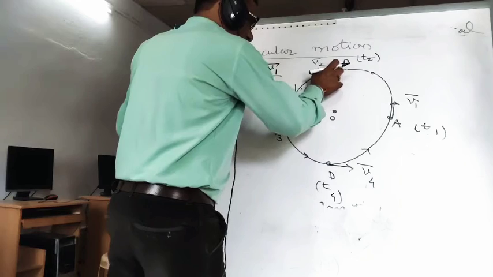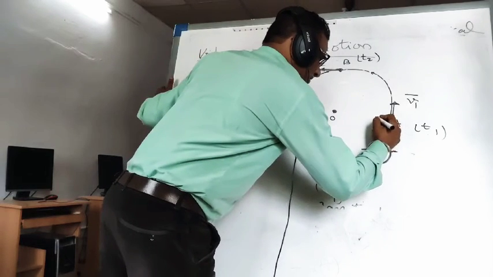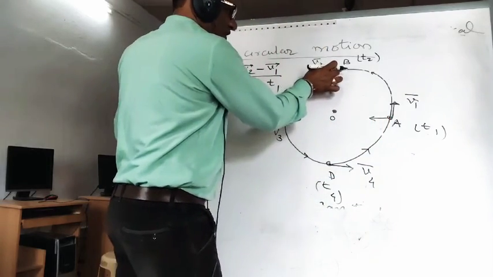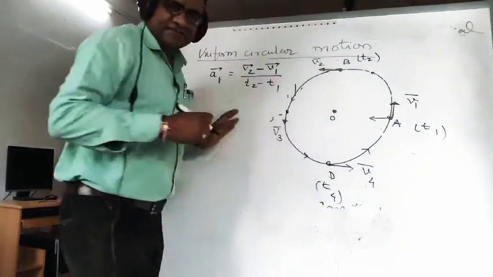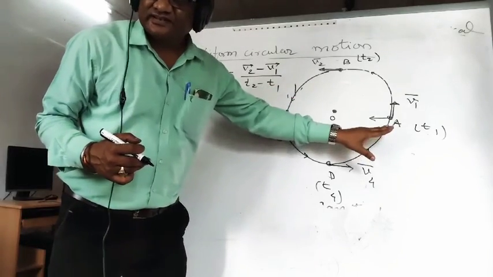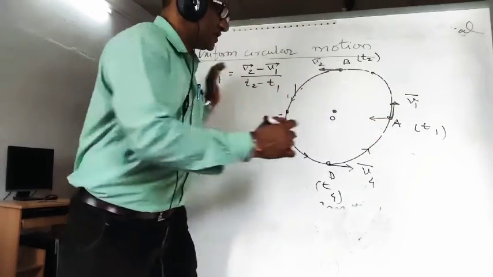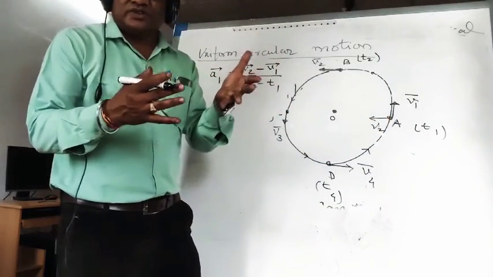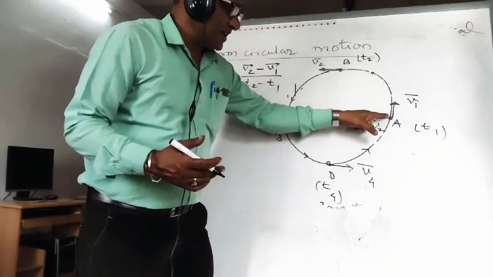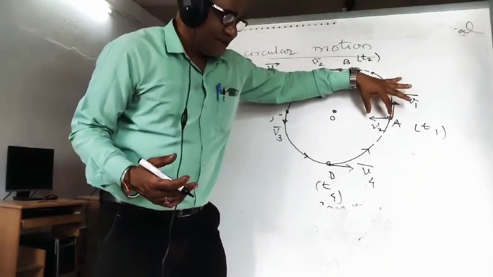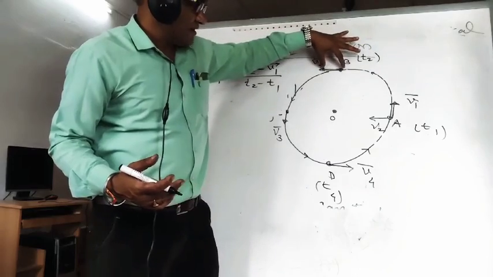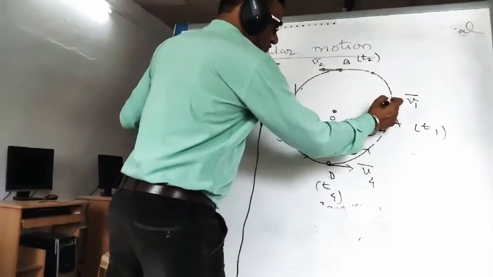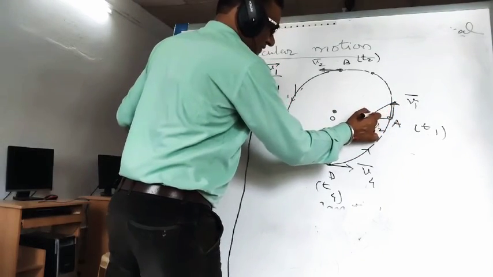If I shift this vector v2 from position B to position A, because they are equal vectors, we'll say that this vector is also represented by v2 because the direction is the same. So how can I produce another vector v2 here? By drawing a line parallel to v2, where the magnitude of this vector is the same as the magnitude of the vector v2. Okay.